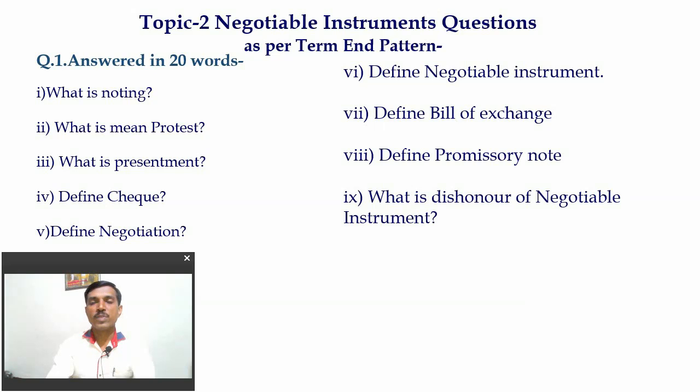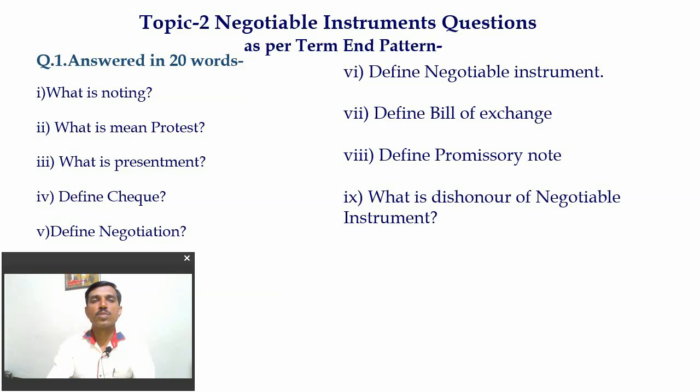Define the negotiable instrument under section 13 of the Negotiable Instrument Act 1881. Define bill of exchange under section 5 and define the promissory note under section 4. What is the dishonor of a negotiable instrument? When the drawee or the acceptor refuses the payment of the negotiable instrument, it is called the dishonor.